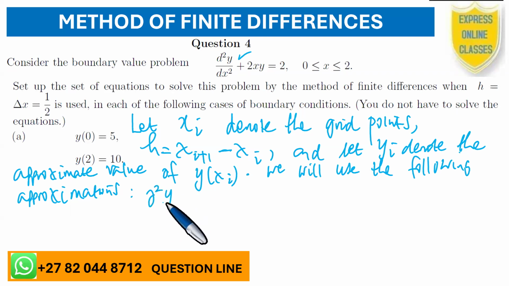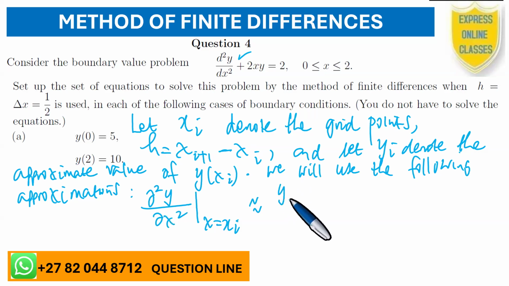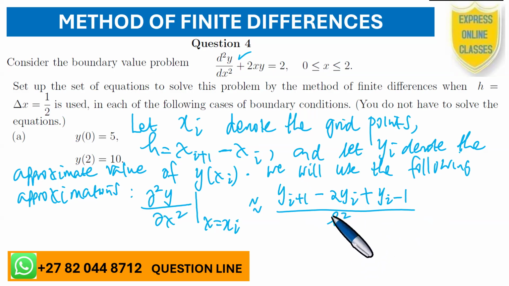So we need to note that the second derivative of y with respect to x, evaluated at x equals xi, becomes approximately yi plus 1 minus 2yi plus yi minus 1, divided by h squared. So we note that we have the second derivative of y with respect to x like that, at x equals xi.